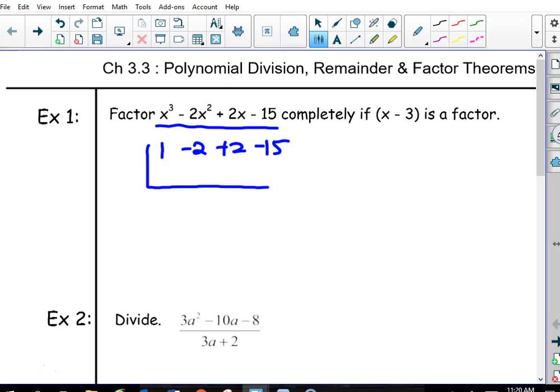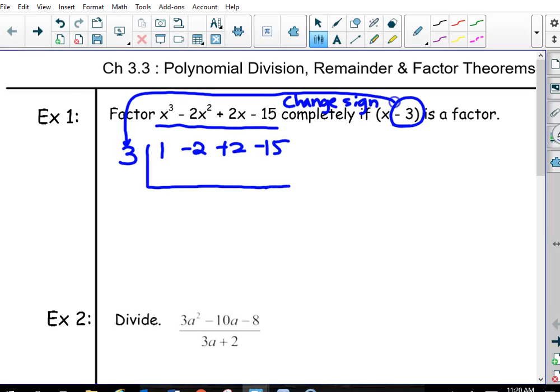And the thing that I'm going to divide is going to be not negative 3, but the 0 that you get from negative 3, or a positive 3. What you need to remember is if they give you a factor, change the sign. Now, sometimes they give you a factor, like in this problem. Sometimes they'll give you the 0, but we'll get to that.